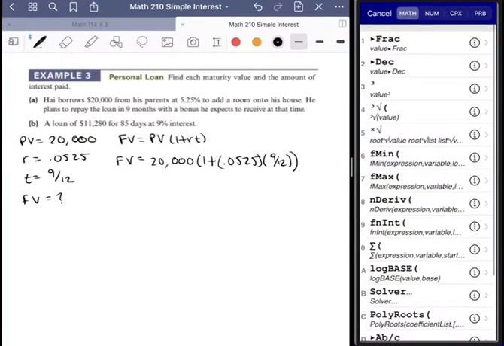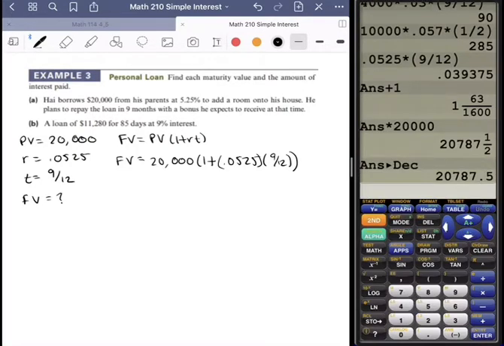Let's put that in decimals because that's how we use our calculator. So we have then that our future value for this problem would be 20,787 with 50 cents. Okay? So that was the first part of that problem.